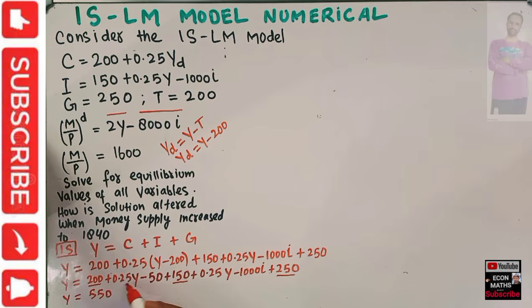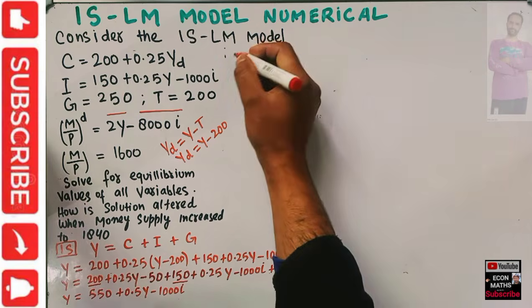Then we have 0.25 Y plus 0.25 Y, which comes out to be 0.5 Y. Then we have minus 1000 i. So let us write it here.